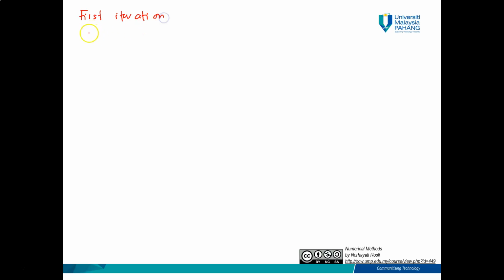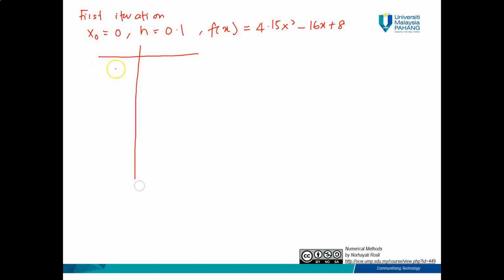We will have from the question the initial value x0 equal to 0 and h equal to 0.1, and our function is f(x) equal to 4.15x squared minus 16x plus 8. We need to start with x0 equal to 0 and h equal to 0.1 as our step size. Based on this, we need to form a table, where this column is the value of x and this one is the value of f(x).